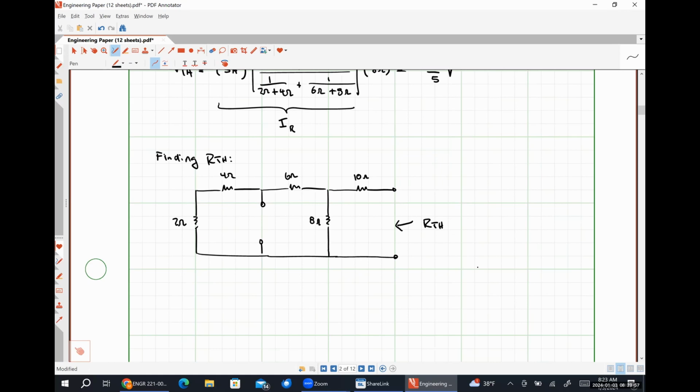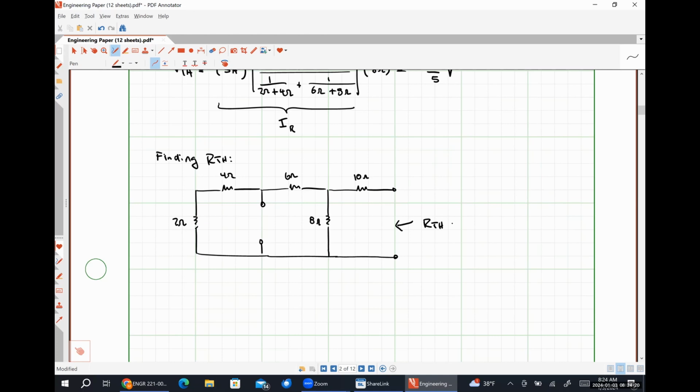Infinite? I very much disagree. There's a simple resistor network there that I can simplify. So 2 in series with 4 is in series with 6, and that's parallel with 8. All right, so that's going to be part of it. The 10 is going to be in series with that equivalent resistance.